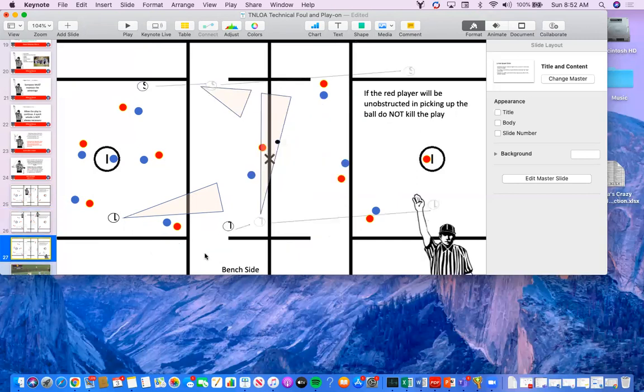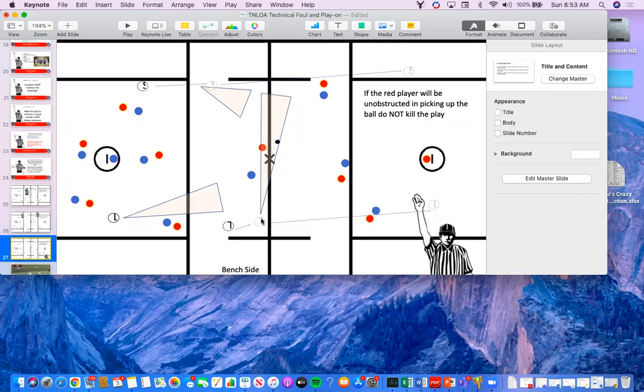Now here's the three-man technique. So we have the bench side of the field, lead, trail, single side. In the three-man technique, the trail is going to be the one that makes this over and back call. But anytime this ball squirts up towards this midfield line, the single side official must go up.